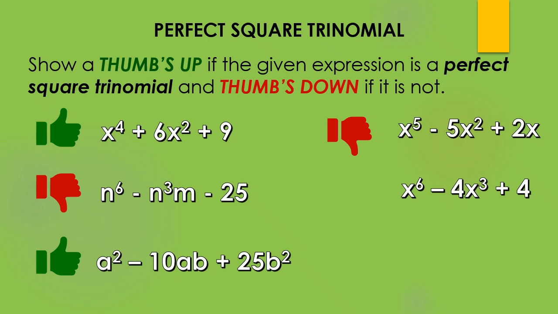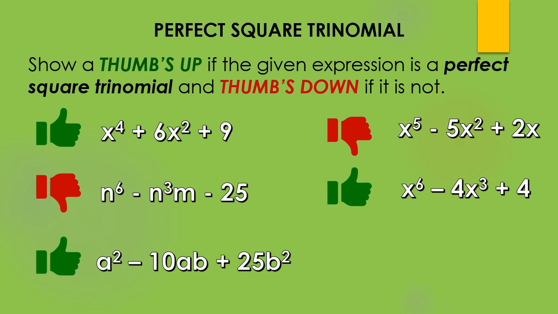So how about the next expression? x raised to the sixth power minus 4x cubed plus 4. Is this a perfect square trinomial? The answer is thumbs up. It is a perfect square trinomial because the first term and the last term are both perfect square terms. x raised to the sixth power is the square of x cubed, while 4, the last term, is a perfect square number.